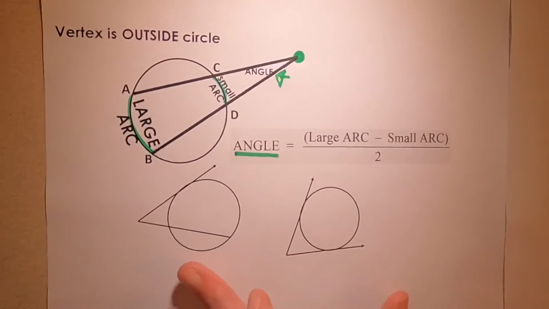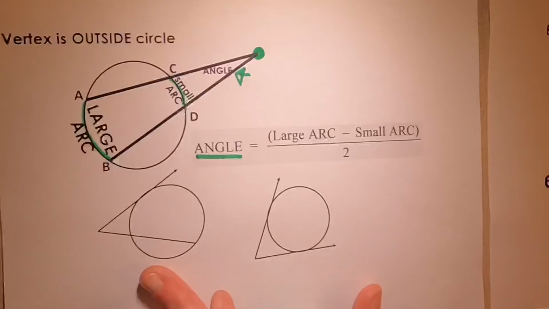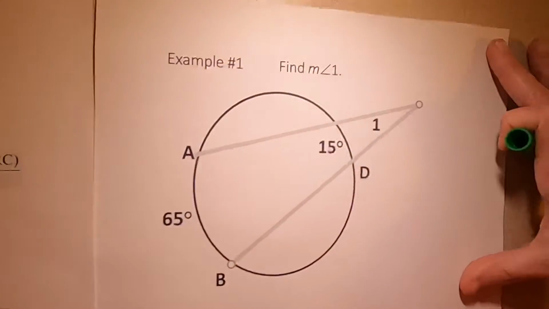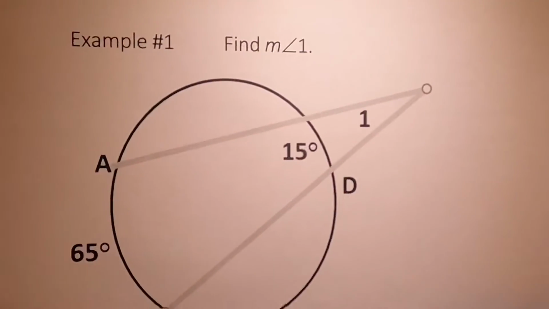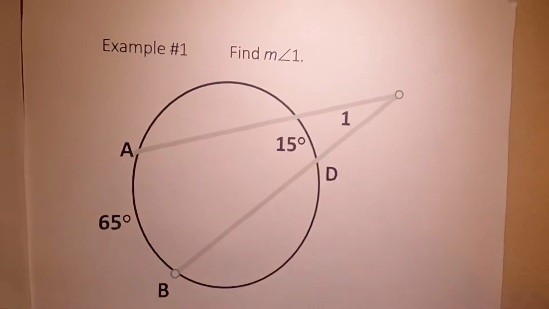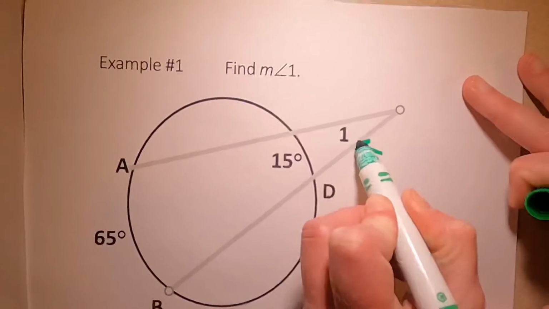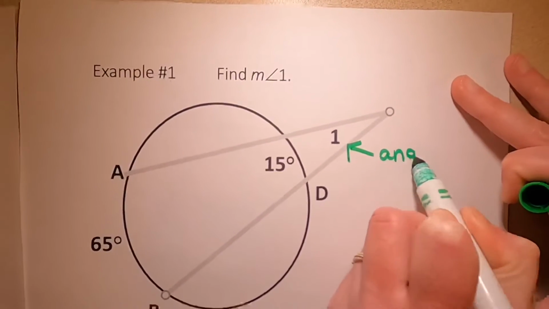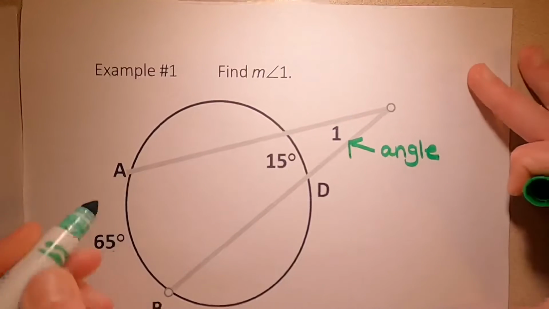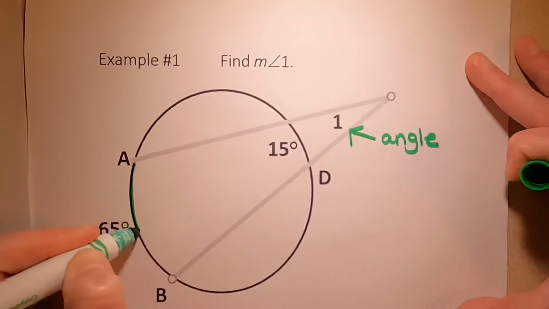Now, you'll find example 1 right here. In example 1, you first need to identify we're trying to find the angle. This is the angle. You want to say the large arc.